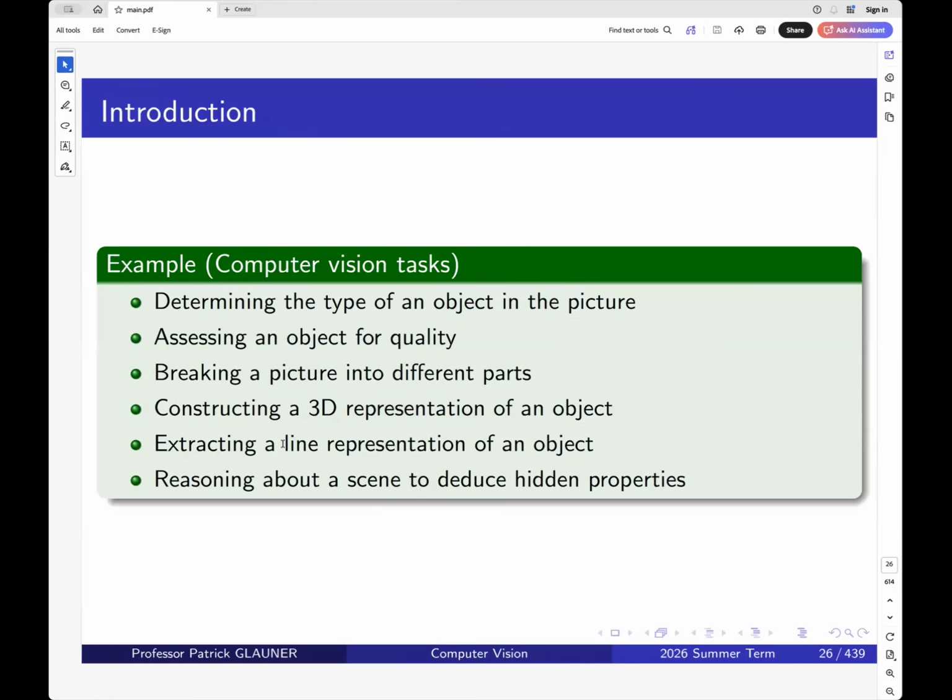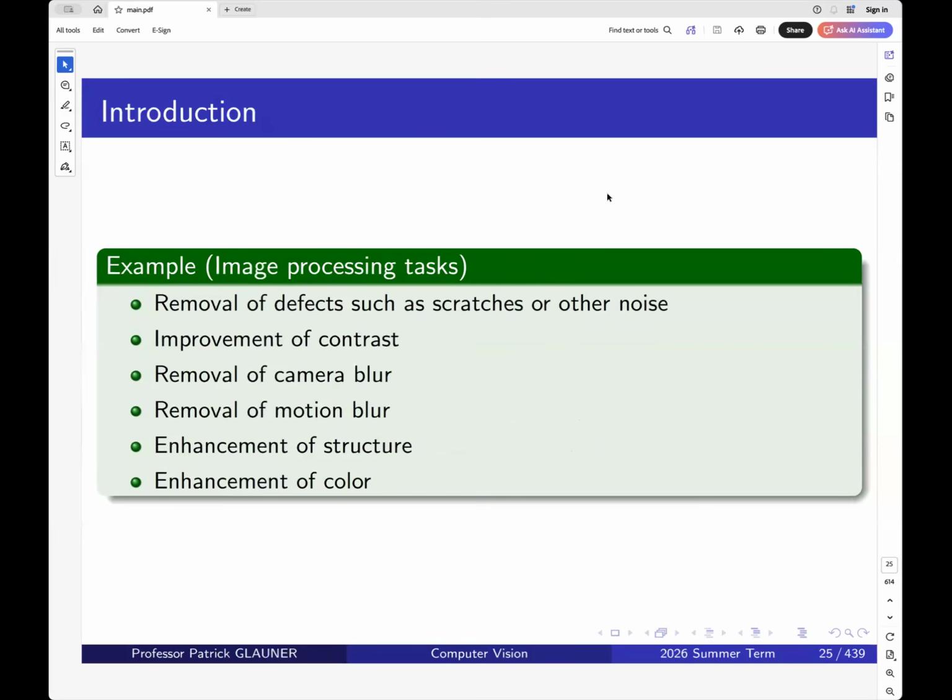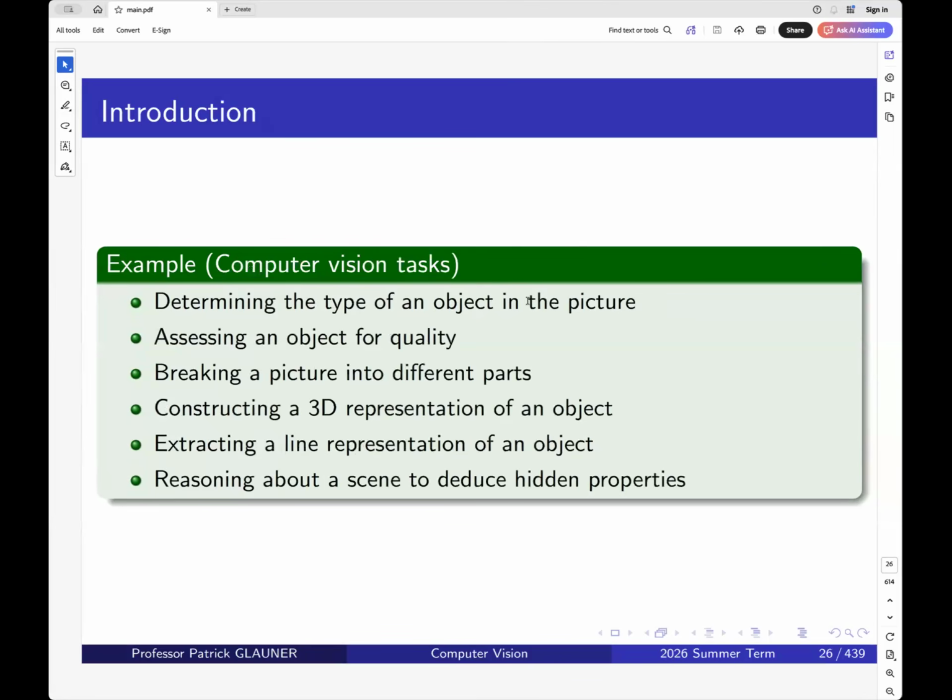We could also think about extracting a line of an object, or maybe infer some hidden properties in a scene that we actually don't see, but we see other objects and we may want to make some conclusions based on that. So these could be some example computer vision tasks, and they differ quite a lot from image processing, but image processing is absolutely needed as one of the early stages in building these examples here.